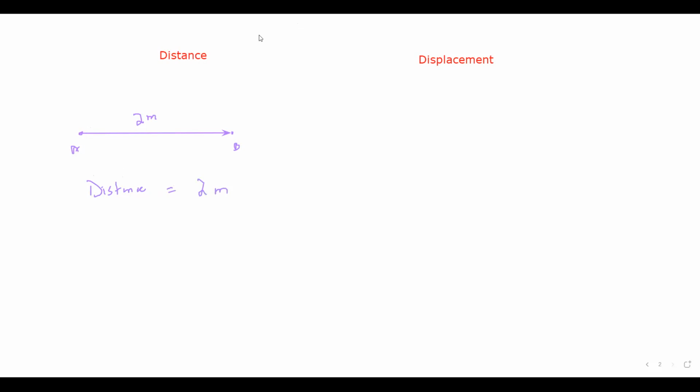But what about displacement? Displacement is a vector quantity. It has a direction. So for example, if an object is at position A, it moved to position B towards the right hand side, what is the displacement here? The displacement of the object is 2 meters, but in which direction?